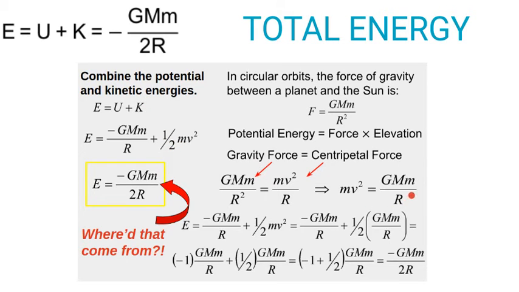So now we can replace the kinetic energy with this expression. So that would give us the potential energy plus 1/2 the mv squared value from kinetic energy. Then we can factor out these two values here, and we end up with -1 plus 1/2 times this. And if you reduce that even further, really that means negative 1/2 or negative whatever this is over 2. So this is the final expression right here. So that's how we get there.